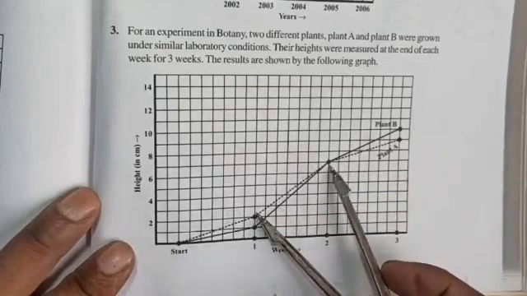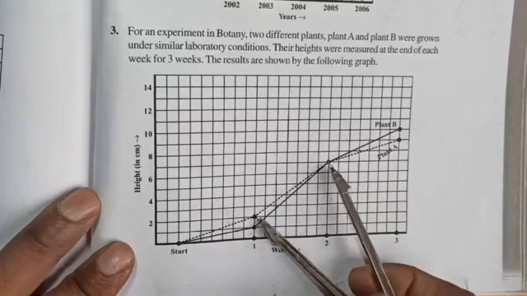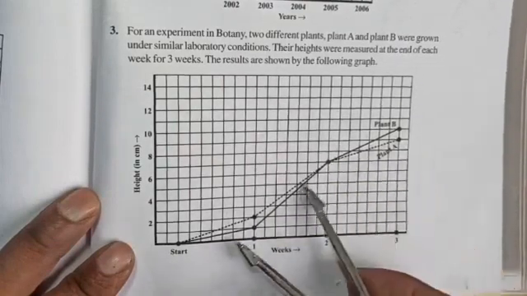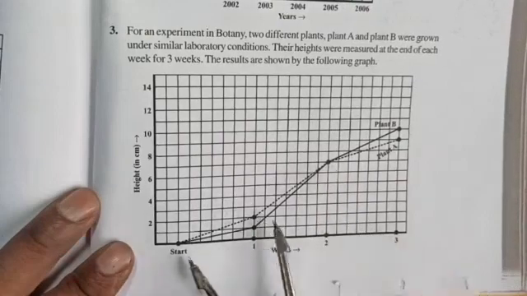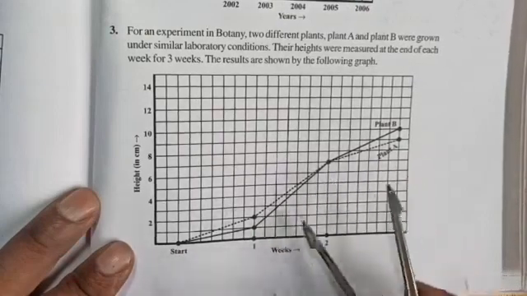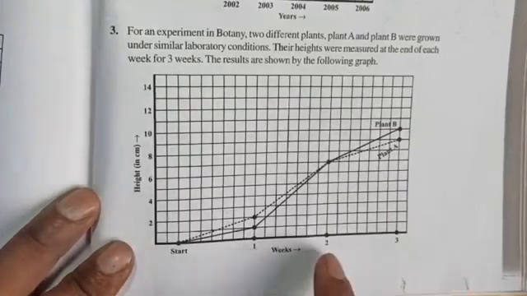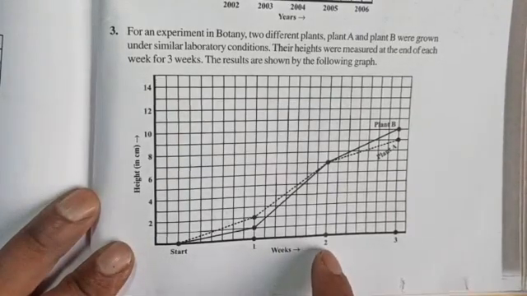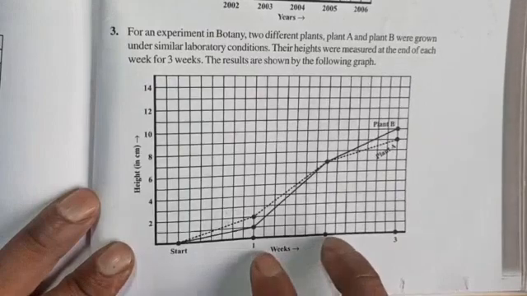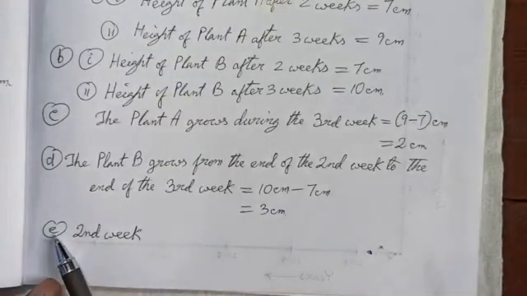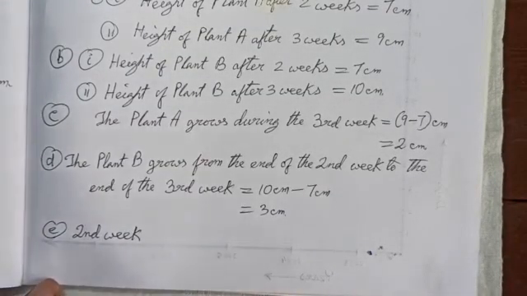So when we compare these two distance and this is longer. Again, when we compare these two and these two, this is longer. So this is first week and this is at the end of second week. So in this second week, the growth of plant A is most. So now question number E, second week.